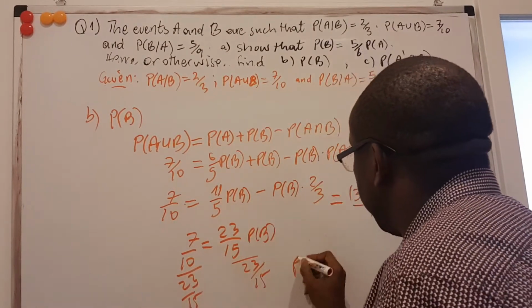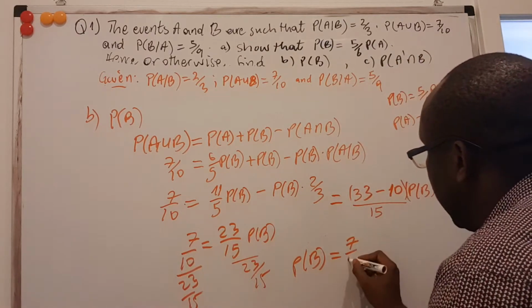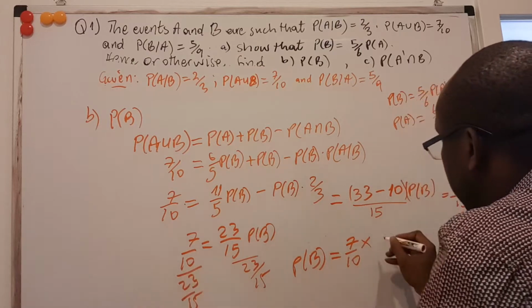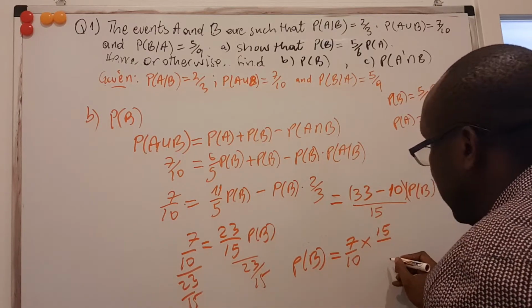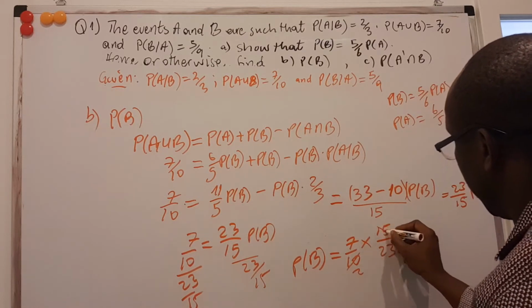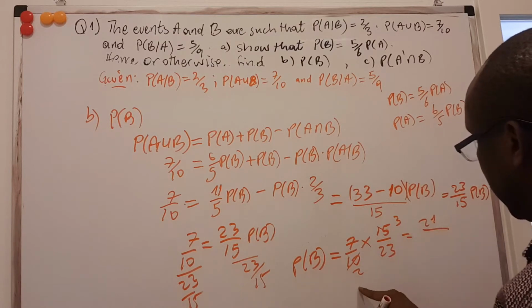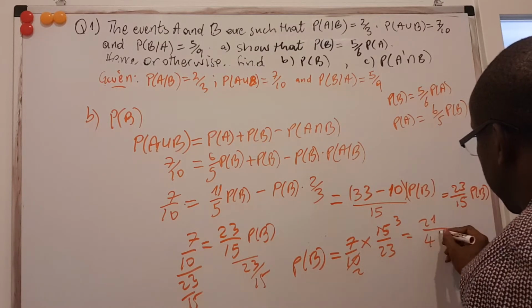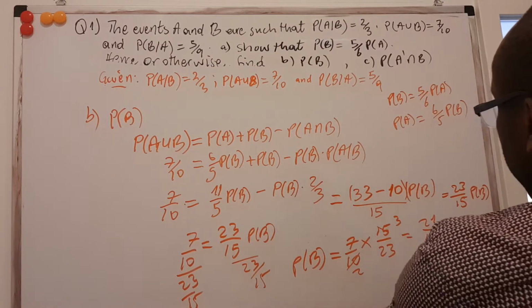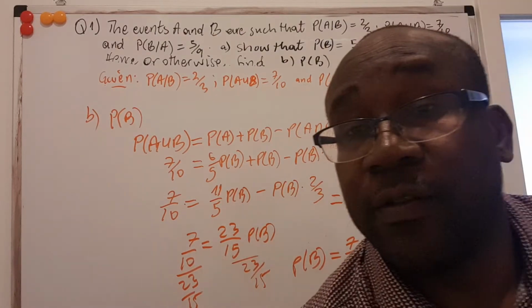This goes off and I get P of B is equal to 7 on 10 times, I invert, 15 on 23. 5 here 2, 5 here 3, 7 times 3 is 21, 2 times 23 is 46. So my P of B is equal to 21 divided by 46. That was the B equation.